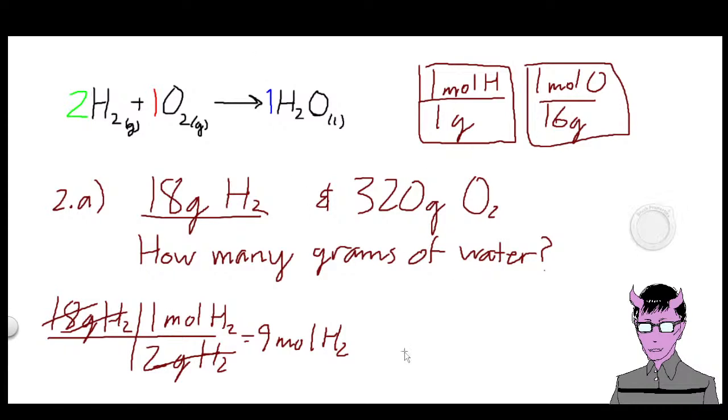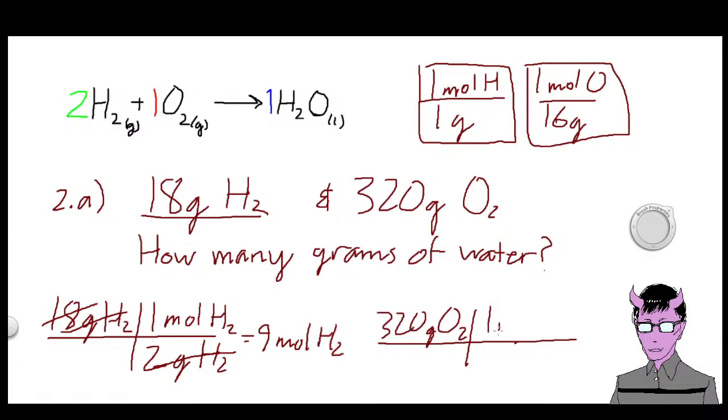The other question is, how many pieces of oxygen do we have? Same procedure. Given that we have 320 grams worth of oxygen, diatomic, the conversion rate is for every 1 mole of diatomic oxygen, it's going to be 16 grams times 2 to make it diatomic.